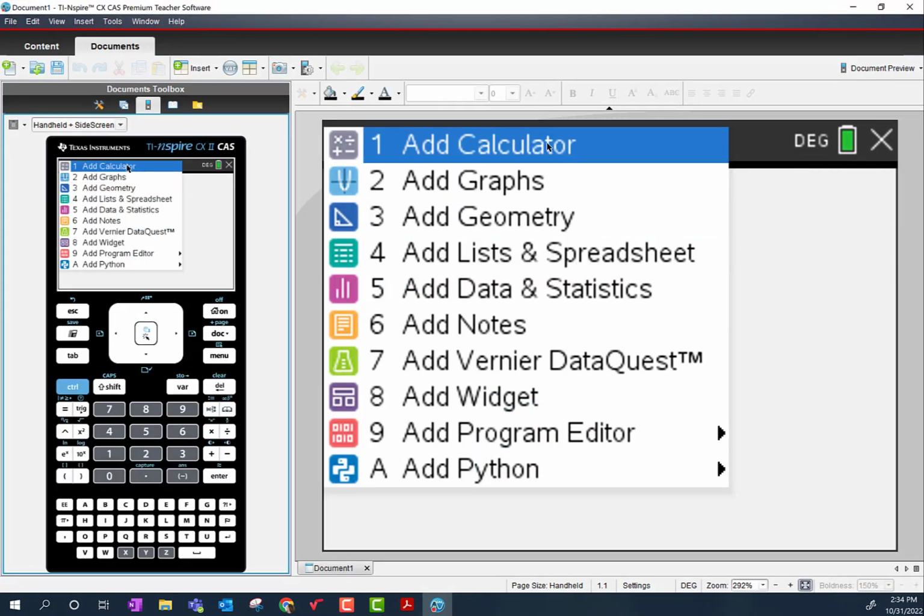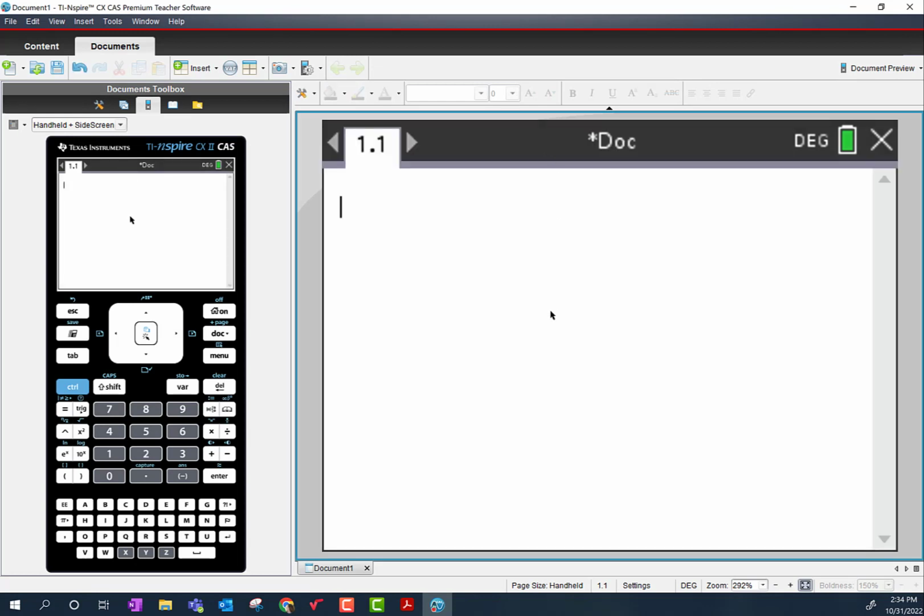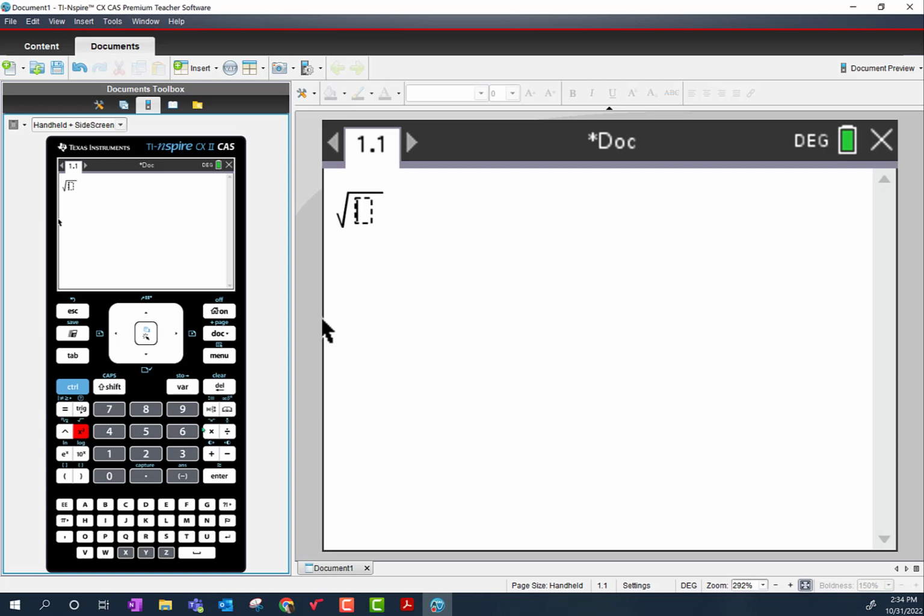So we're going to do the calculator part. And I'm going to do control x squared so I can get a radical under there. I want the fraction, so control divide gives me a fraction. So 23/2, times, open parentheses. Then I'm going to do control divide.